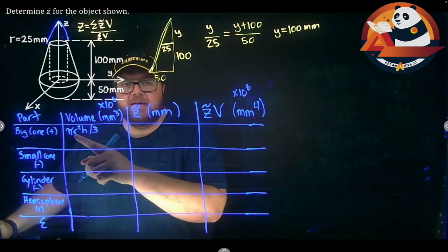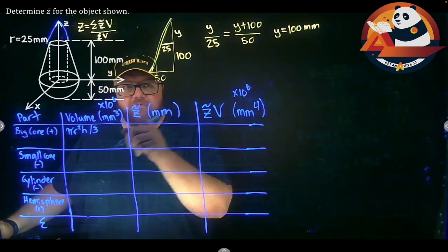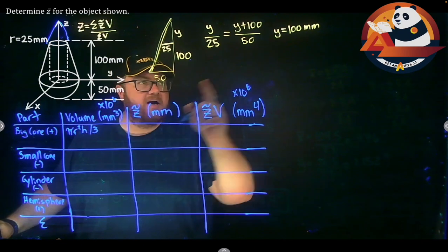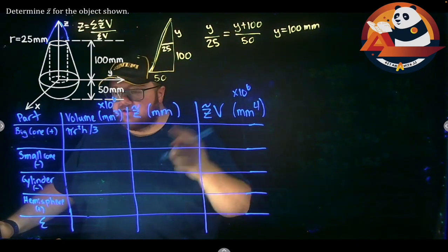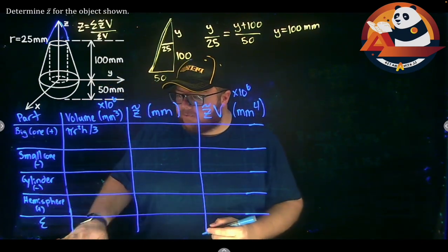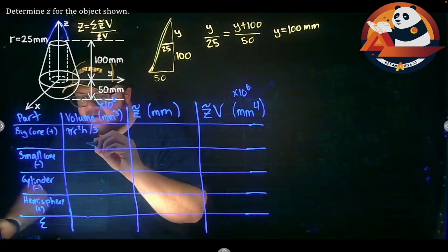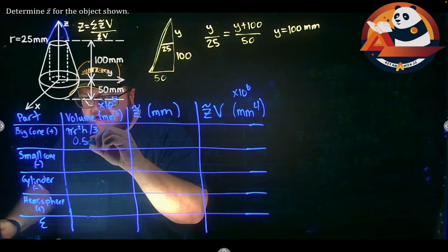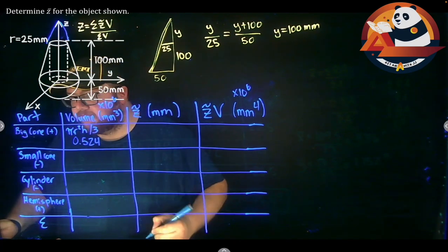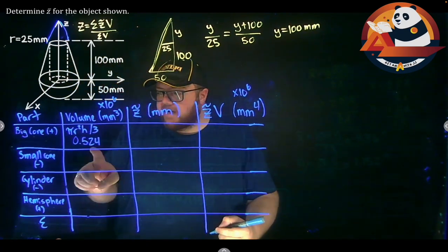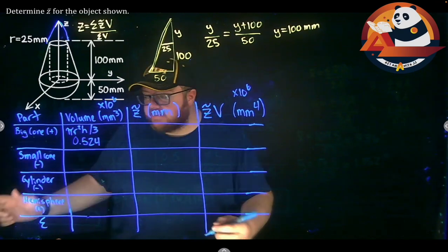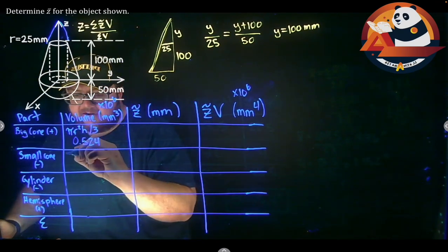So pi times our radius of the big cone, 50 squared, times our height, 200, divided by 3. We're going to get 0.524 times 10 to the 6th cubic millimeters. Our next one, that small cone, is the exact same formula, except we're negative here.